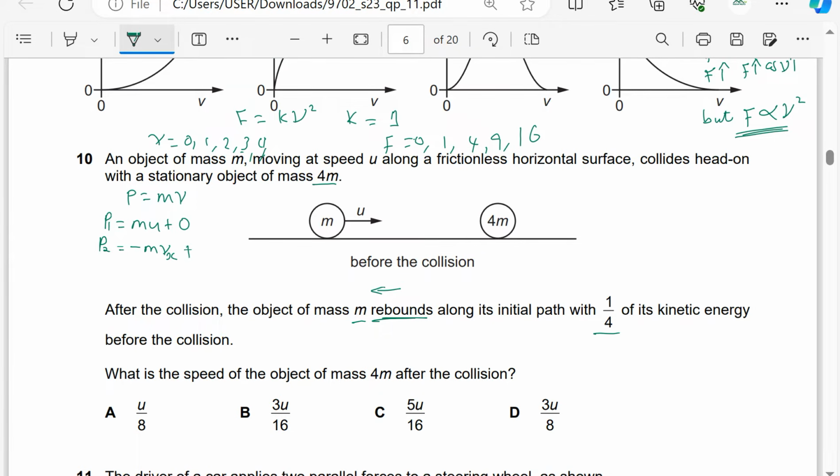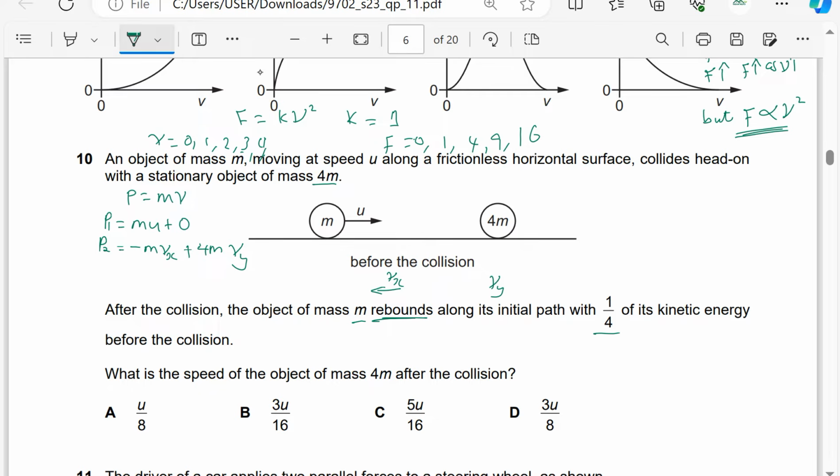Then plus the other one of mass 4m, its momentum is 4m times its velocity. I'll call its velocity Vy. So let's say after the collision, the velocity of this one is Vx, the velocity of the other one is Vy.